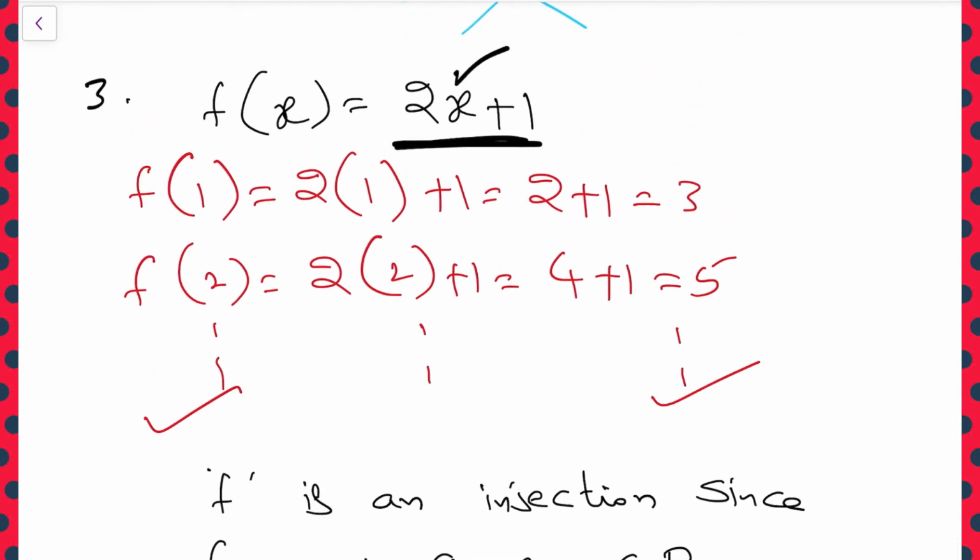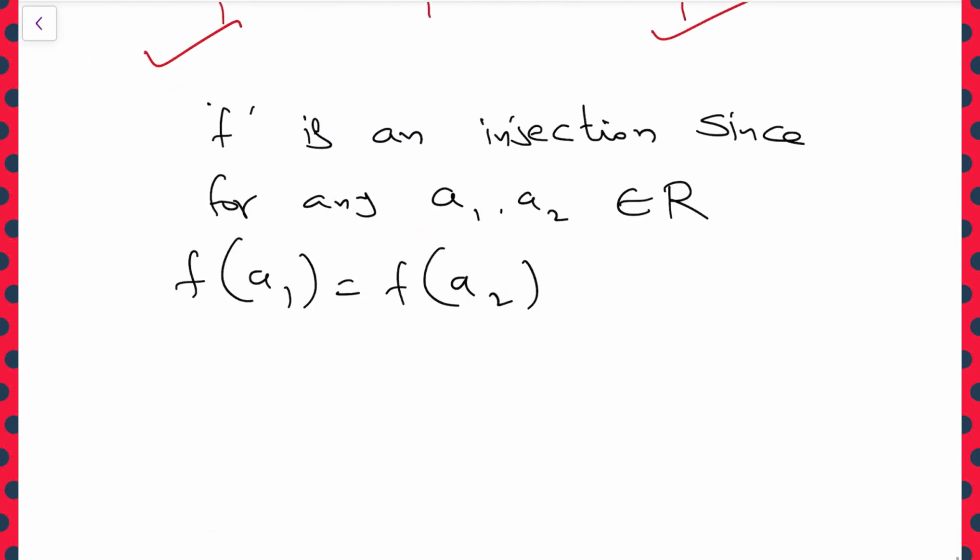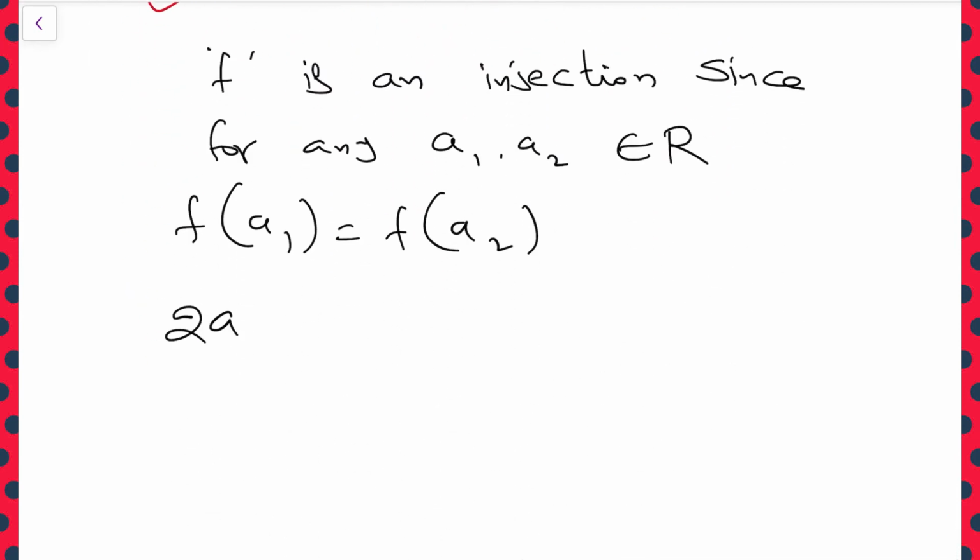So first in the place of x substitute a1, then substitute a2. So 2a1 + 1 is equal to 2a2 + 1.